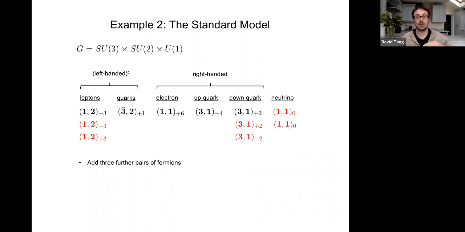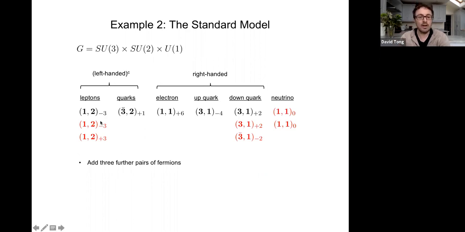These are all vector-like pairs, which means everything in red, I can just write down an explicit mass term and make them as heavy as I like without breaking G. You can see, for example, that there's a +3 -3 here, a 3 and a 3-bar here, a +2 -2. So they're all in conjugate pairs. I've also added some singlets here. You can think of the singlets as right-handed neutrinos if you're a phenomenologist.